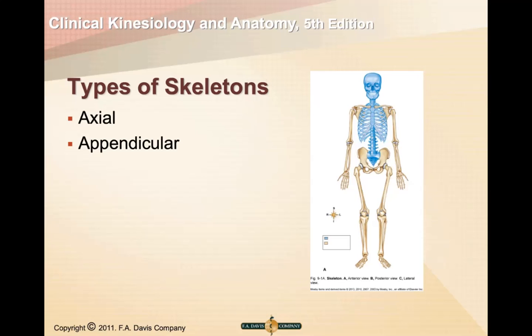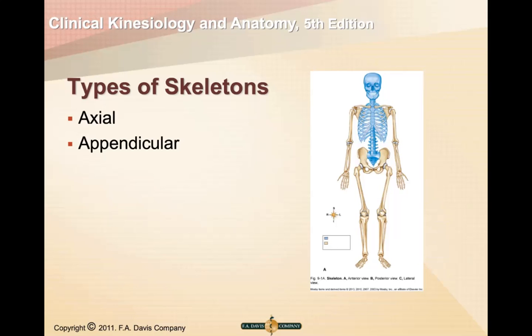It includes the whole spine, the rib cage, and the sacrum, and the head. So all that is the middle of the body. That's where all of our axes are for turning, for twisting, for bending and things. So that's the axial skeleton. Think of the spine as the axis of our body.